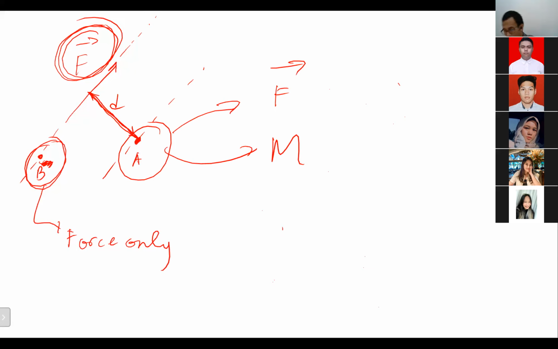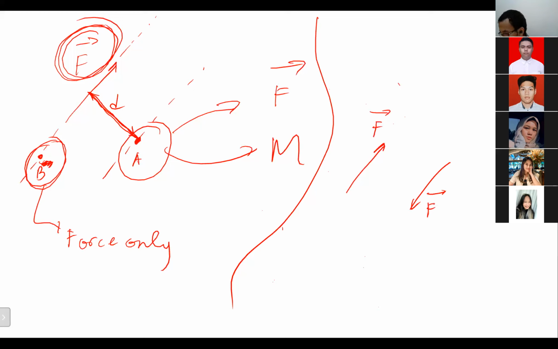Now, if we are talking about a couple, it's a different case. A couple is always like this: force F, and there is a perpendicular distance between both, and the forces are parallel to each other, like this. This couple will not give any force effect to any point.